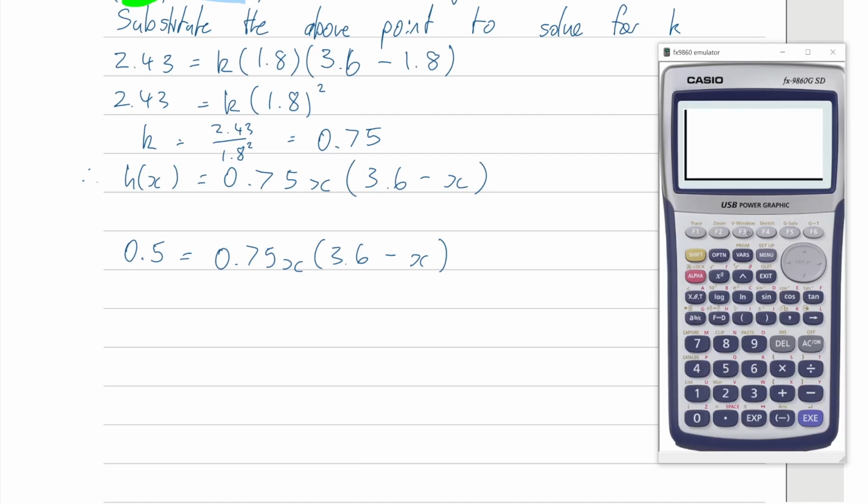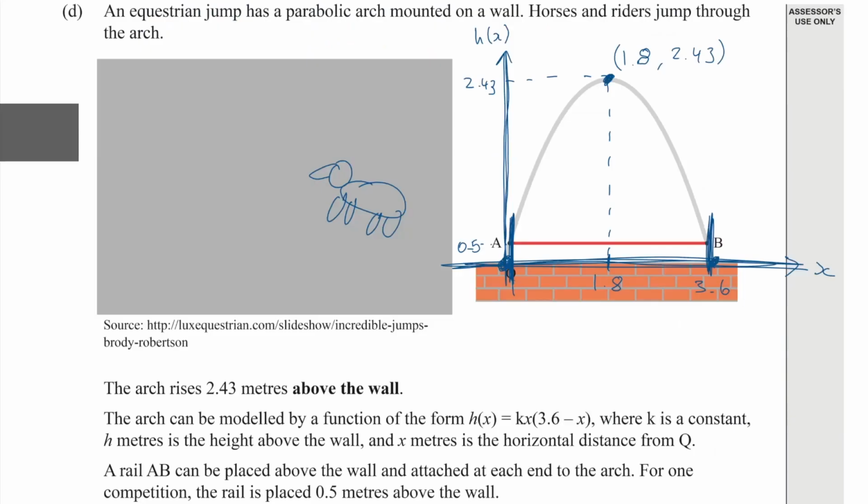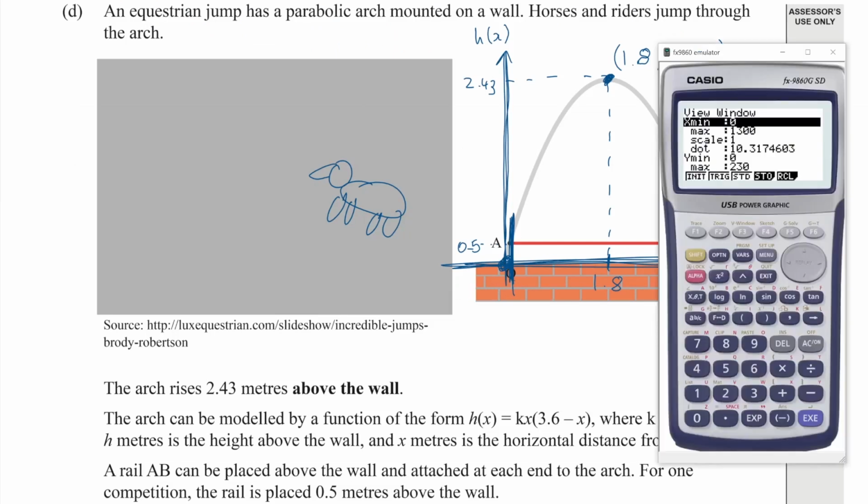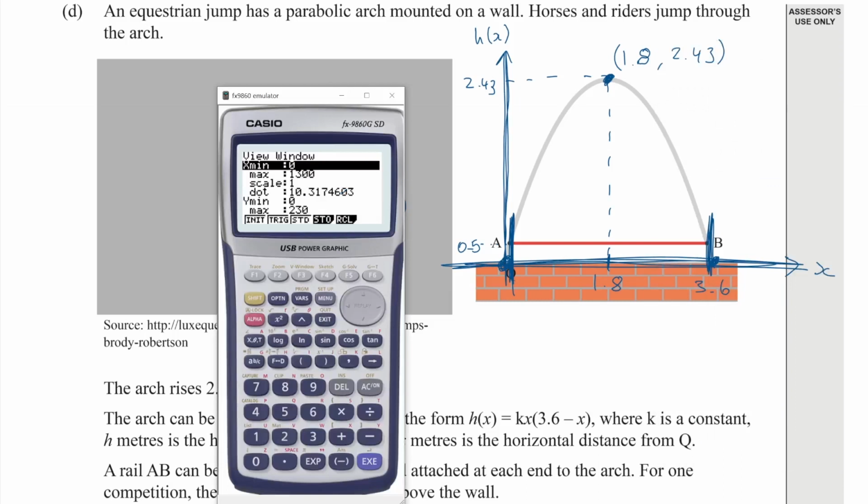Your window might be messed up like mine, so let's consider what we should change that to. The x values go from 0 up to about 4, the width. The height goes from 0 up to about 2.5. We're going to exit, draw that again.